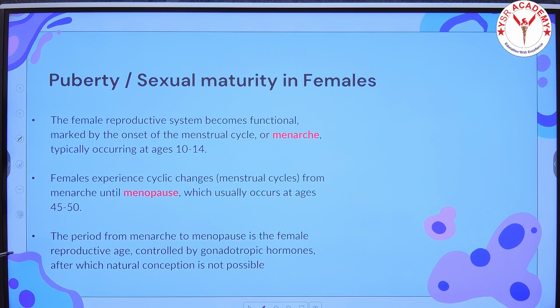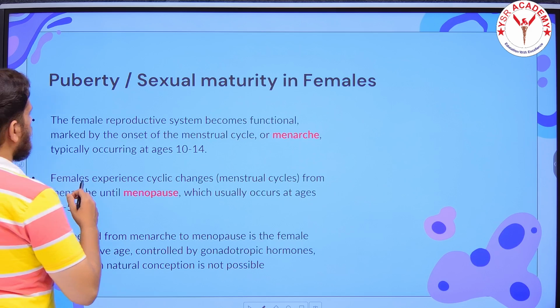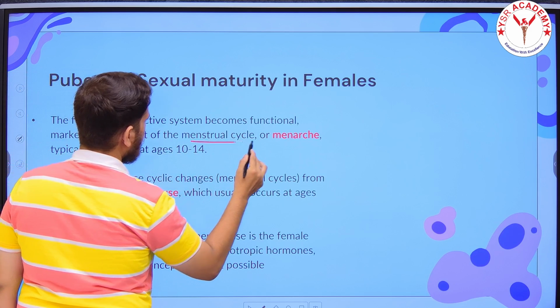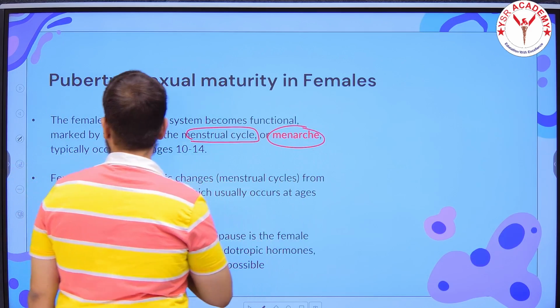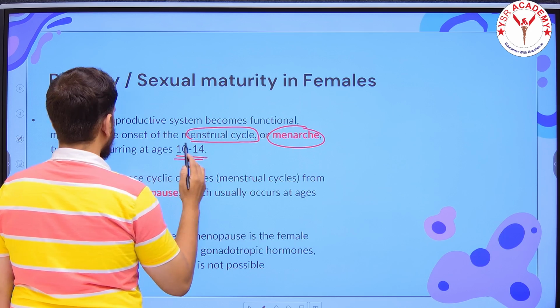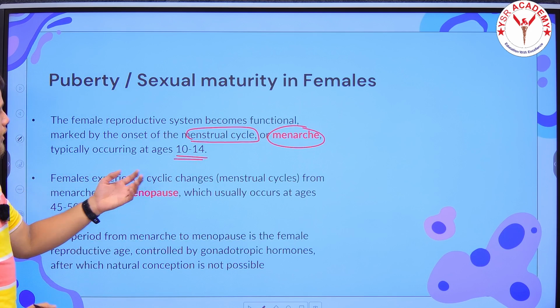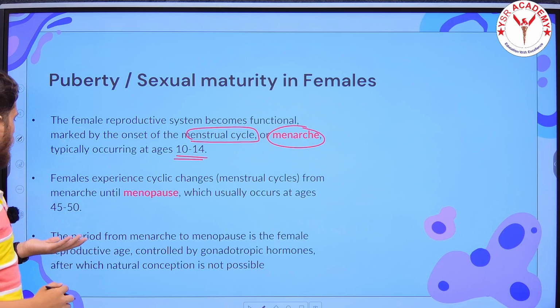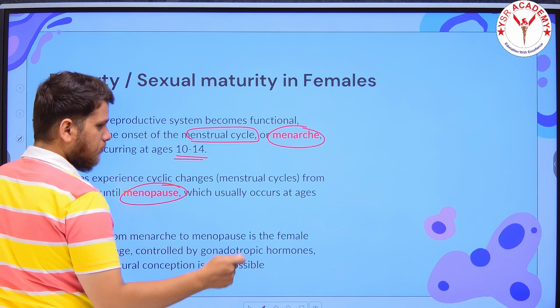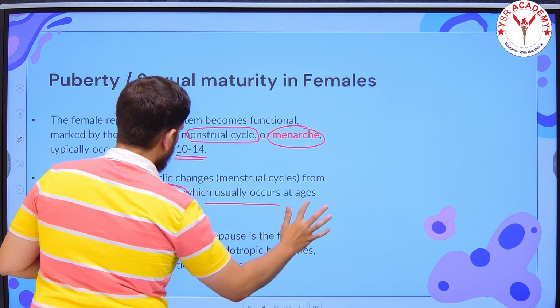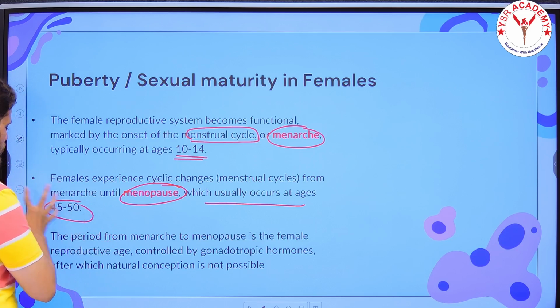While we talk about female sexual maturity, it becomes functional marked by the onset of the menstrual cycle, and the beginning of menses is called menarche, typically occurring at the ages 10 to 14. Females experience cyclical changes, the menstrual cycle, from menarche until menopause. Menopause, as I just told you, is the stoppage of the menstrual cycle, which usually occurs at the ages 45 to 50.